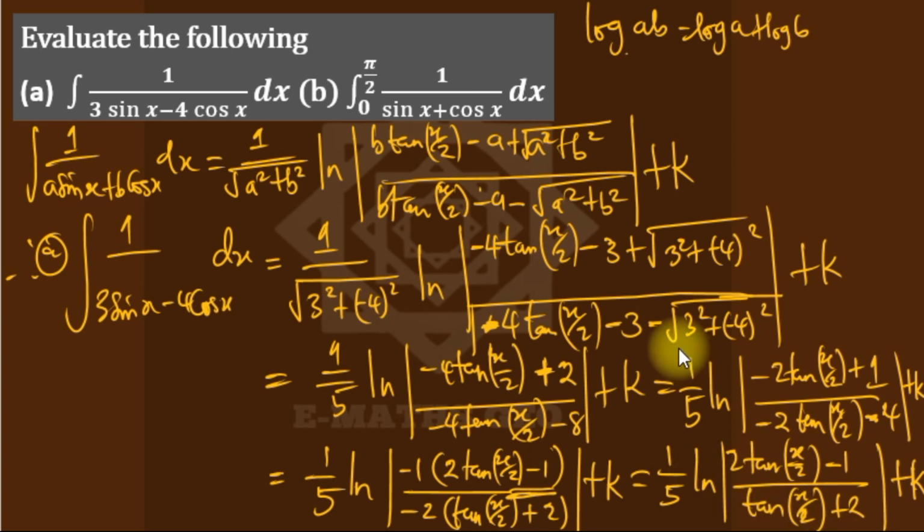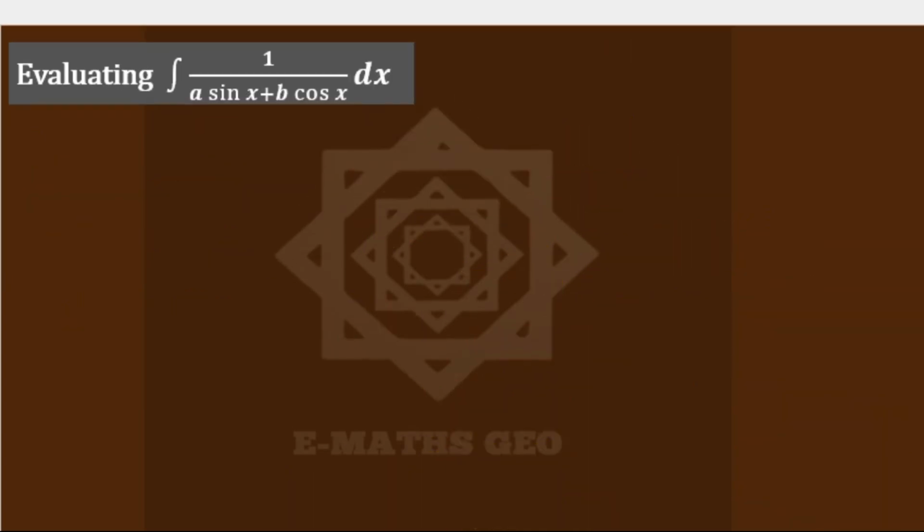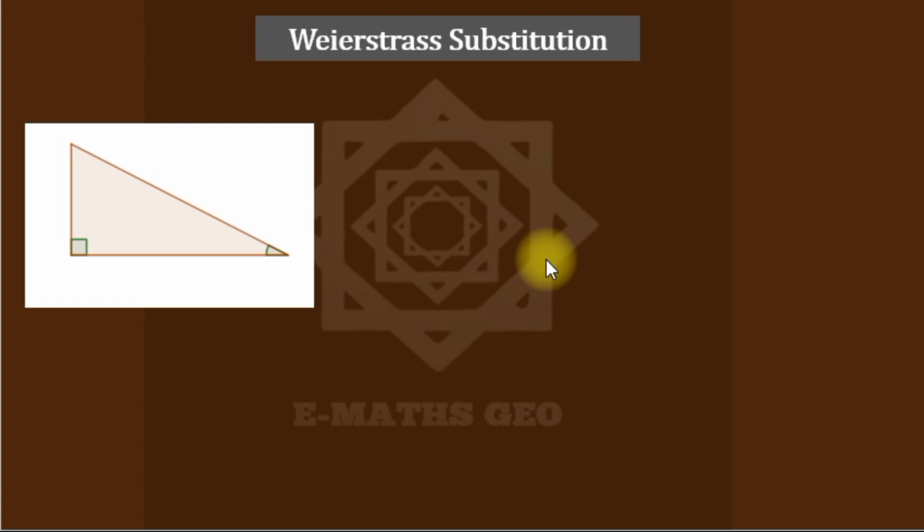So let's prove it. But before we do it, there's what we call the Weierstrass substitution. It's named after a German mathematician of the 19th century, Karl Weierstrass. From the name, it is a German name.